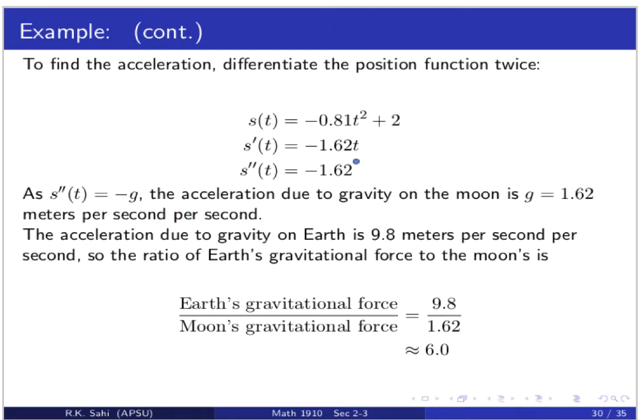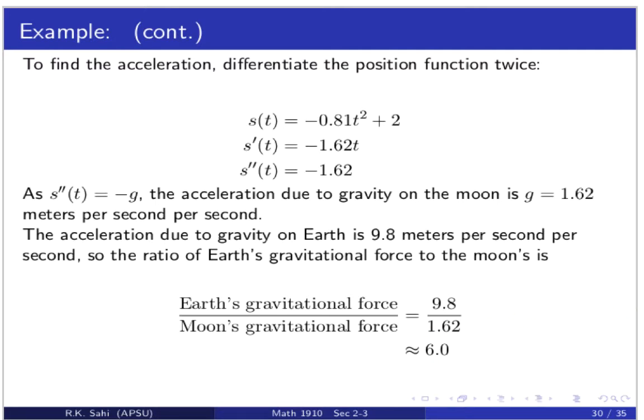So the acceleration is in meters per second per second. Now the question was, what is the ratio of the Earth's gravitational force to the moon's? The Earth's gravitational acceleration we know is 9.8 meters per second squared, and the moon's, which we just found, was 1.62. So the ratio of Earth's gravitational force to the moon's gravitational force is approximately 6.